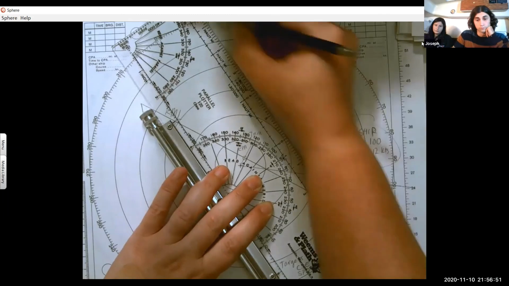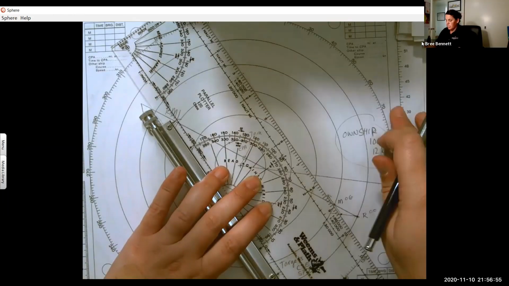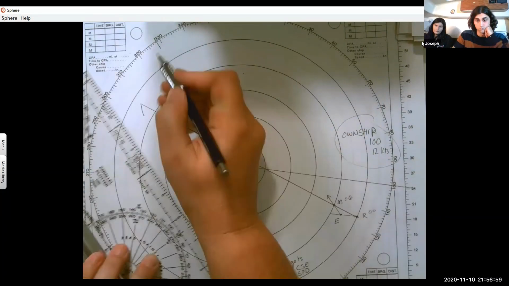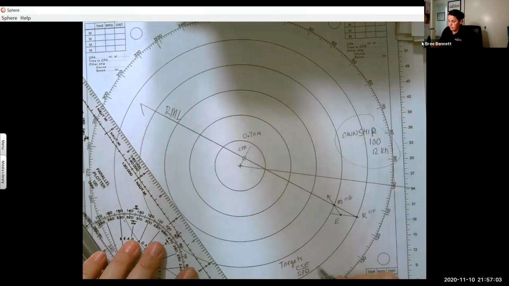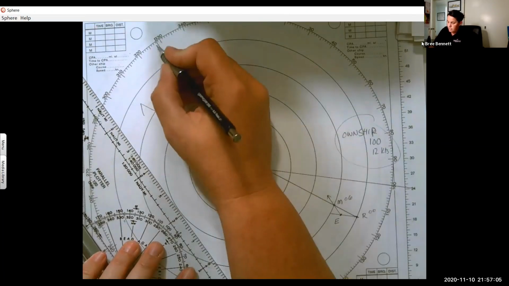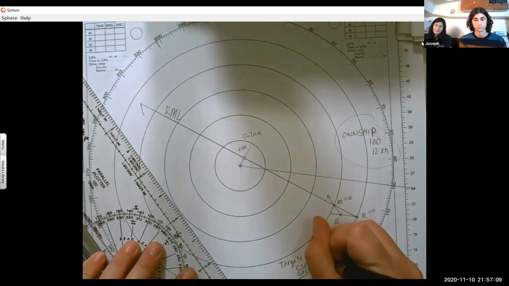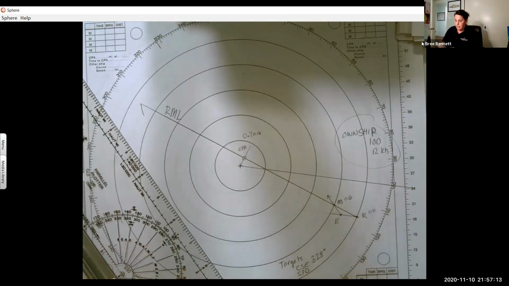But in order to measure it on the edge of the plotting sheet, I have to measure it from the center. So I have a target's course of, let's call it 328. 328 degrees. And then I want target speed.